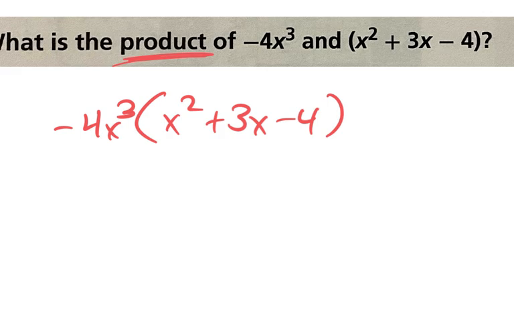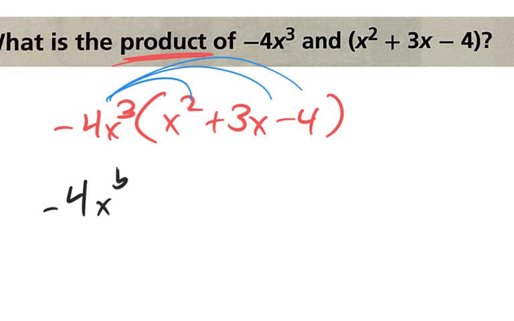And now what would I have to do in order to multiply these? Distribute. You guys remember distributing? That's all this lesson's about, is distributing. So what is negative 4x cubed times x squared? Negative 4x to the fifth.